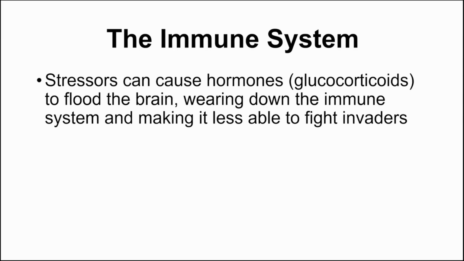And as I've said, hormones are traveling throughout the body via the bloodstream. And this means that they're not going to one single targeted location, they end up affecting the whole system.